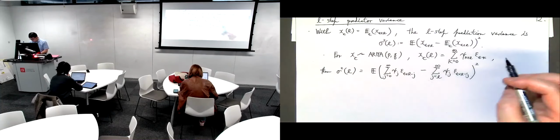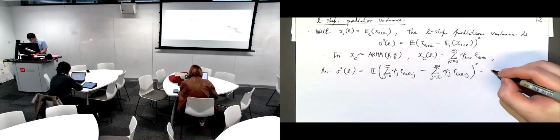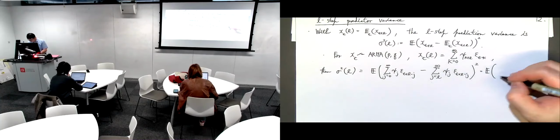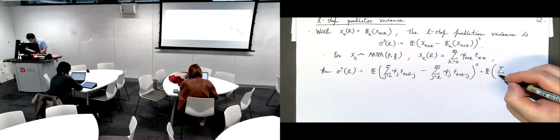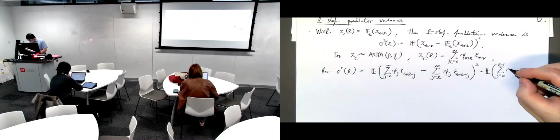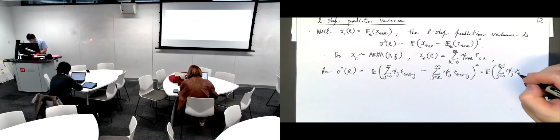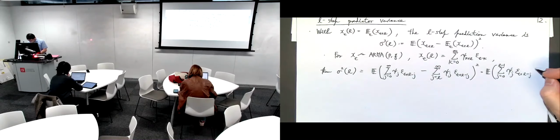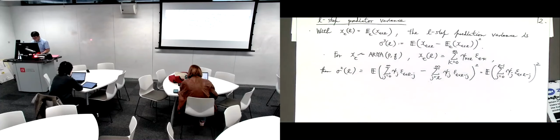I write it because now I can immediately see that this is just the expectation of the sum over j from 0 to L minus 1 of psi_j epsilon_{t+L-j}, squared. Right?